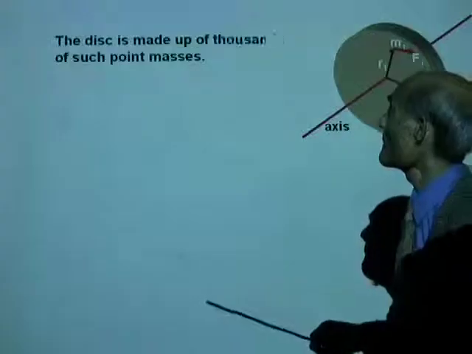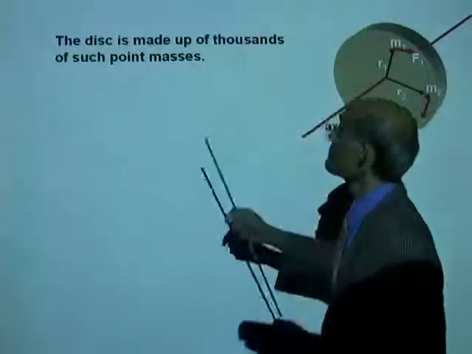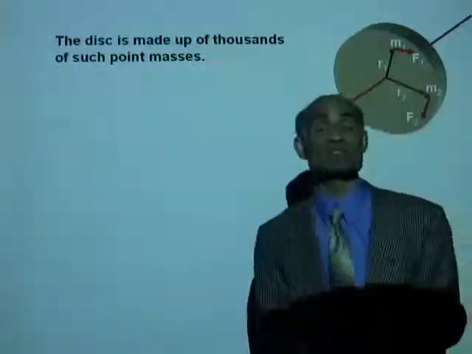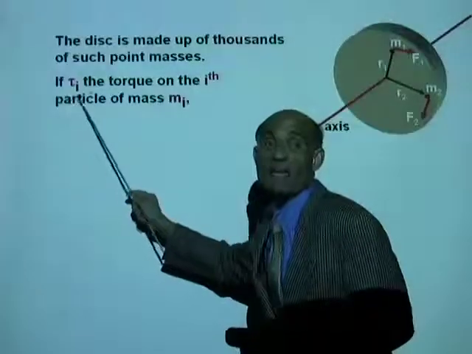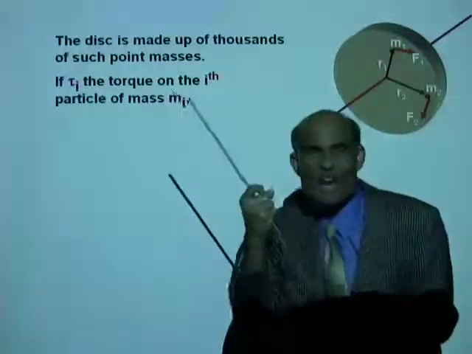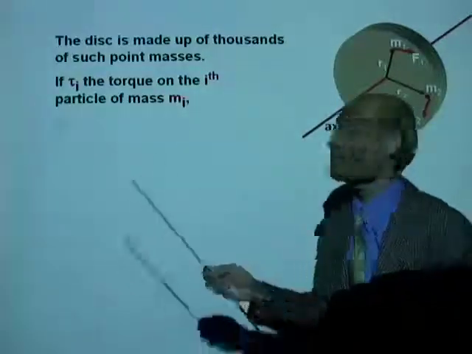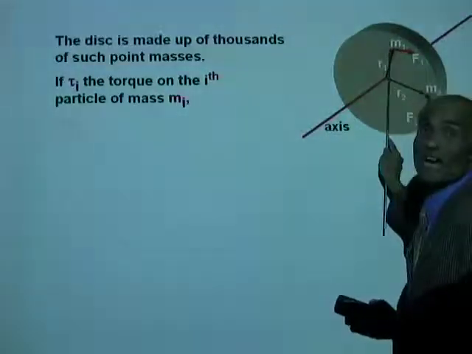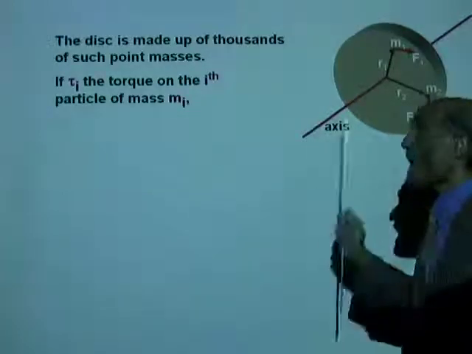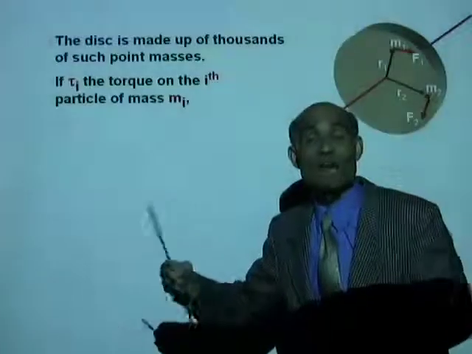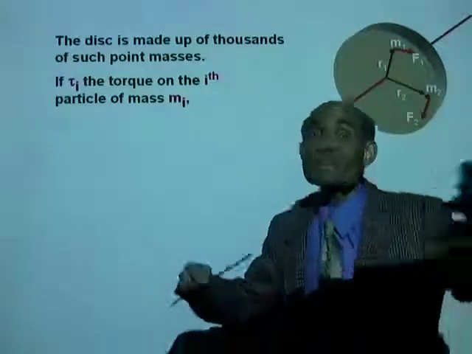Let's write that down. The disk is made up of thousands of such point masses. If tau i is the torque on the ith particle, well, for this particle i equals 1, for this particle i equals 2, and i can have any value.